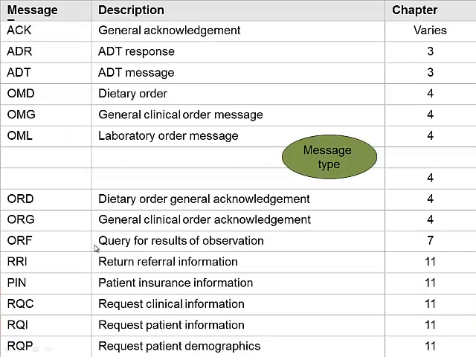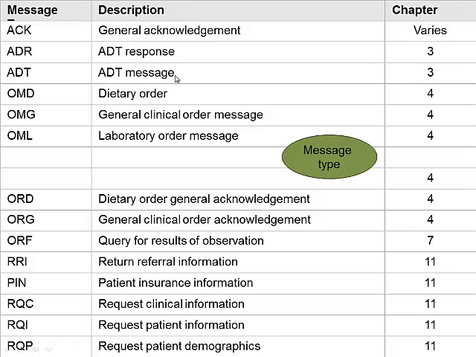Also, for the message, we know we have a specific 3 characters to identify the type of the message. These are also included in the HL7 specifications. For example, for the general acknowledgement, the message type code is ACK.